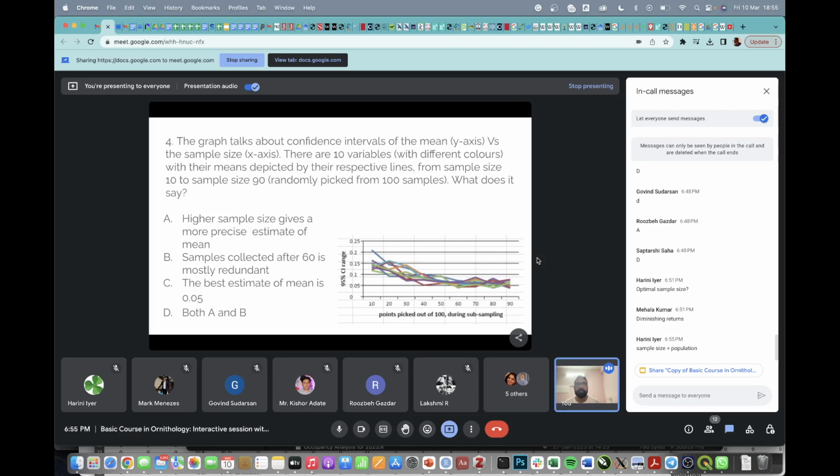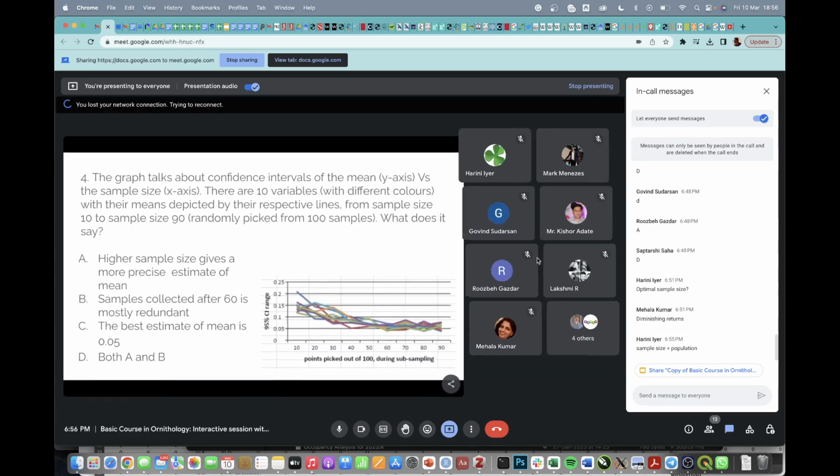Then if you say the mean is whatever, with 0 confidence interval, it's because I've sampled everything and have not left out any individual. That's when your confidence interval is 0. But that is not possible when we are sampling, because we cannot do a census of each and every individual. Do you get my point?